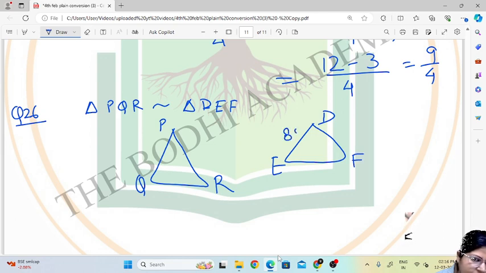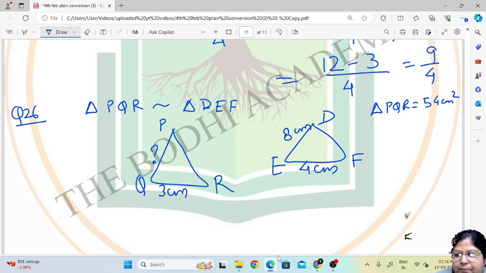This is 8 centimeter. This is 4 centimeter. This is 3 centimeter. And the area of PQR is given as 54 centimeter square. So we have to find first PQ, then the area of DEF.